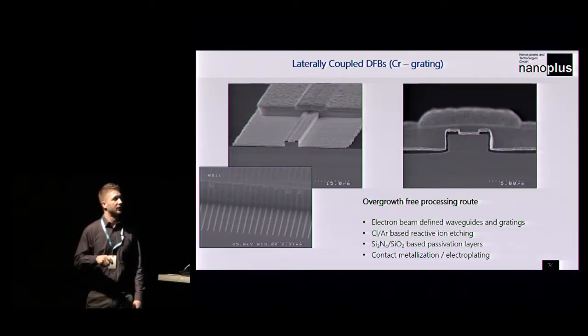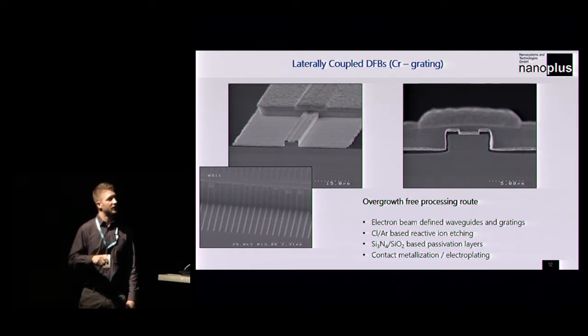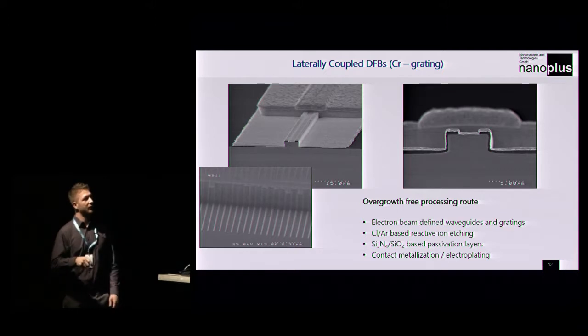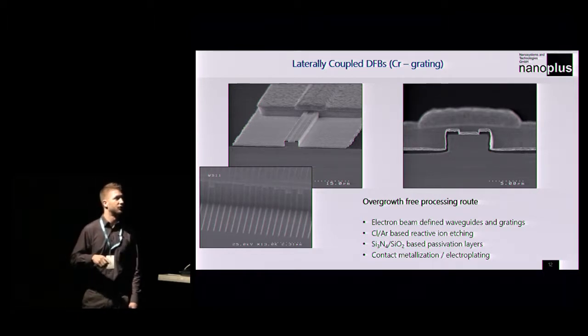Here showing the technology in some more detail and some SEM pictures. This is the ridge with the electroplated gold for heat removal. Up here, the ridge from the front. Here you have the passivation layer and the opening for the contact to introduce current.